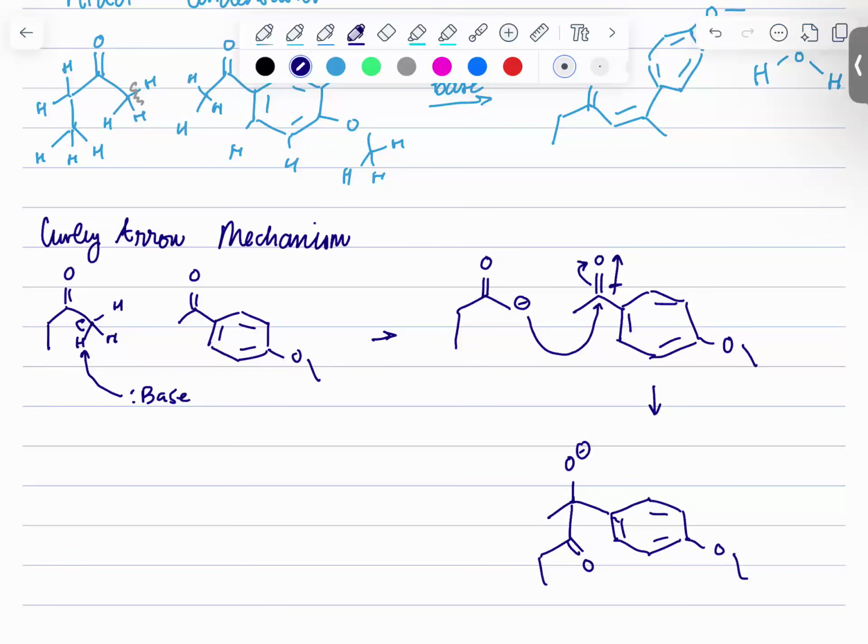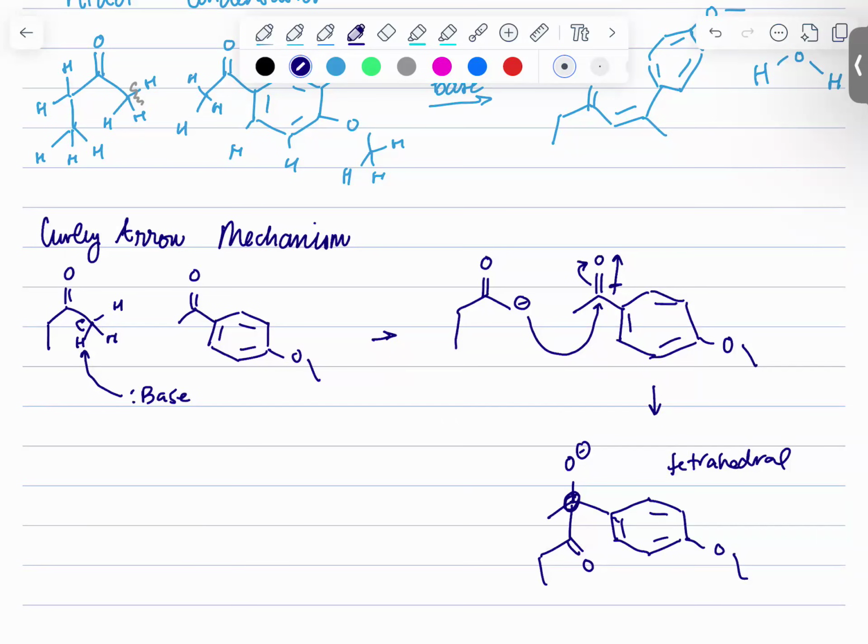So what is this intermediate called? It has a fancy name based on geometry. It's called a tetrahedral intermediate because this carbon is now tetrahedral.